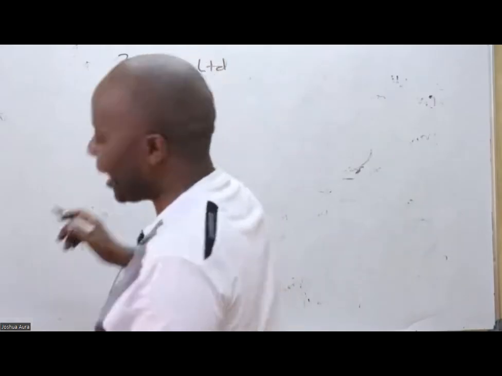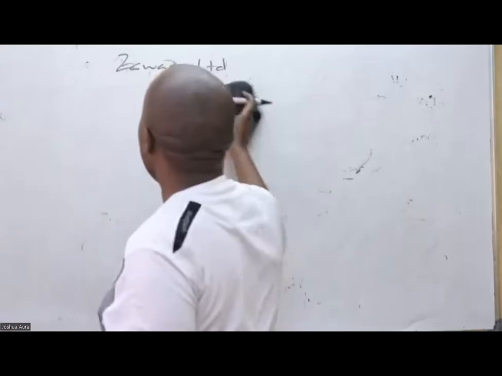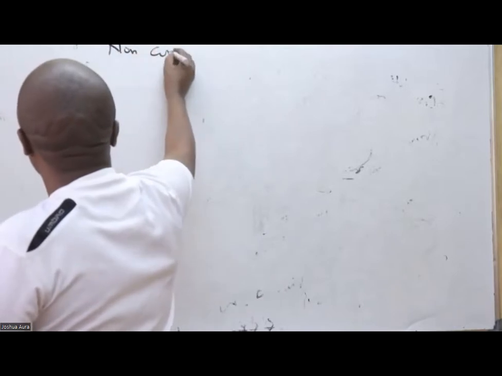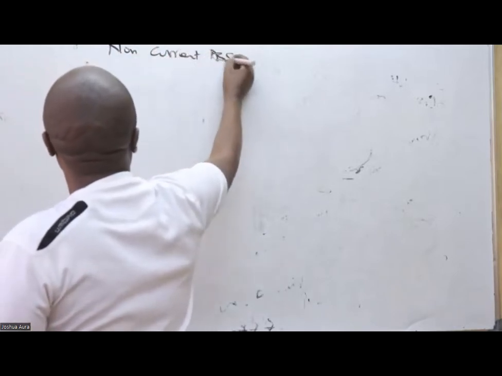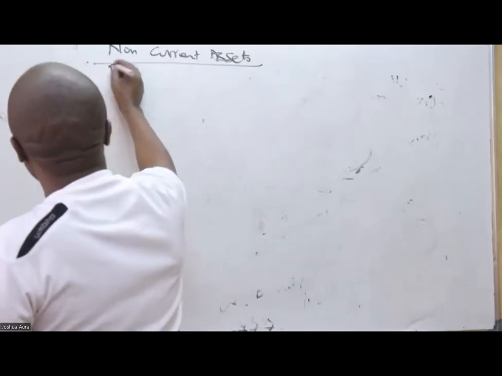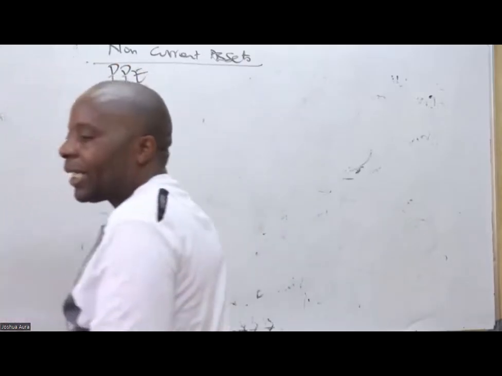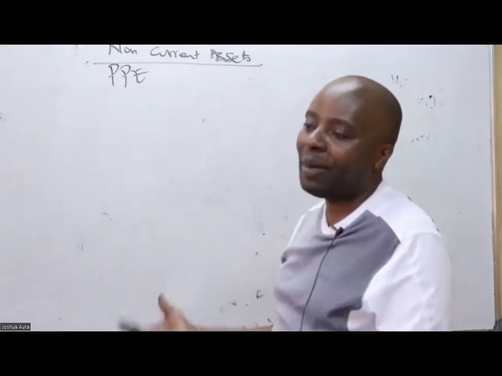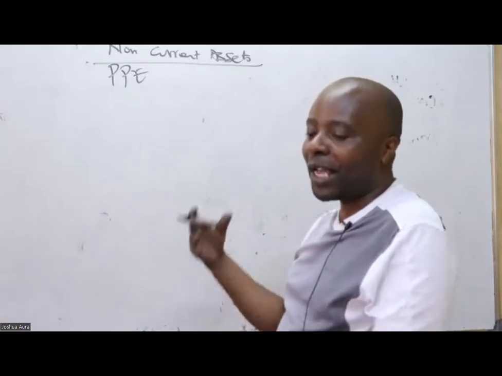So we have here the non-current assets. We start with the property, plant, and equipment. Remember we acquired this PPE with its market value, so those are the figures that we copied.